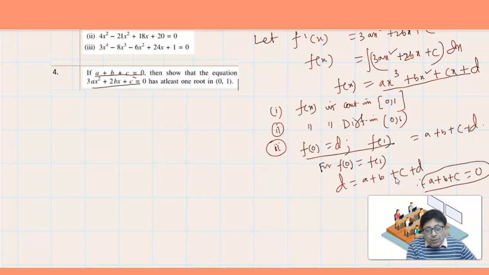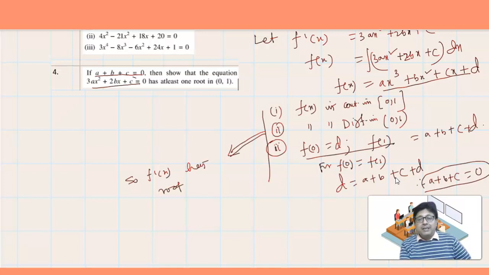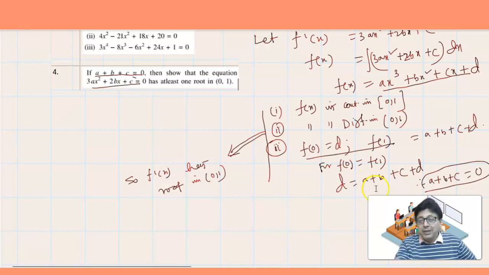After all these verifications, you will say that f'(x) has a root in (0, 1). f'(x) is what?